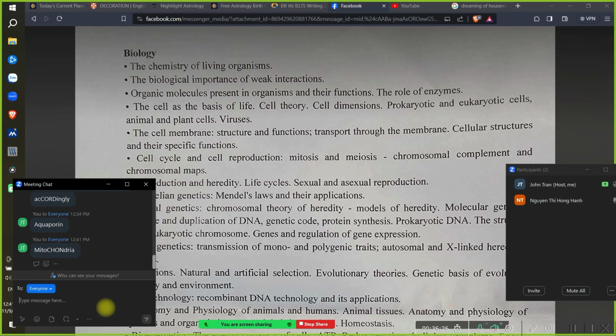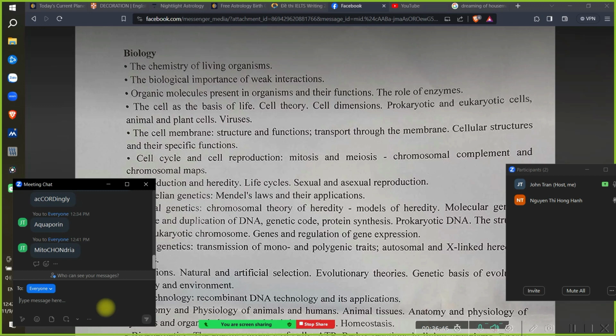It has its own separate DNA, which is different from the DNA of the cell. The mitochondria performs cellular respiration.